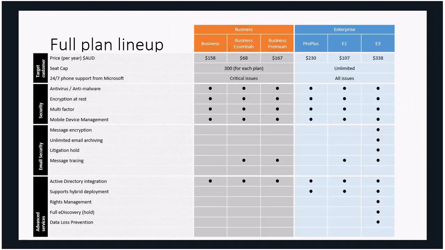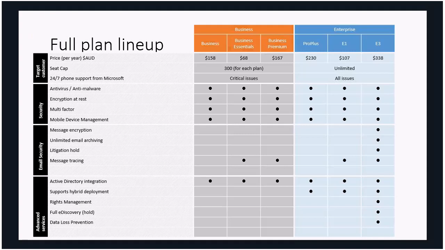Here's a quick layout of the options available with the plans, the security, the compliance. You'll see that in the majority of cases all the advanced features are included in the E3 Enterprise plan. You get a number of additional features with the E1 plan and a minimal set of features when it comes to the business plan.